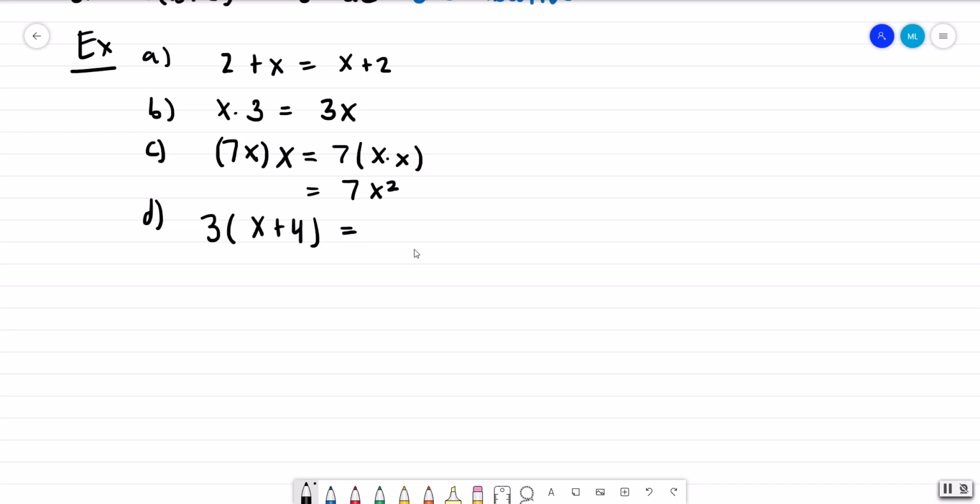Well, the distributive property states that you're taking that real number 3 and multiplying by both of the two terms. So you're multiplying by the x and by the 4. So that would give you 3x plus 12. And then that would be it. There's not really much else to do there.